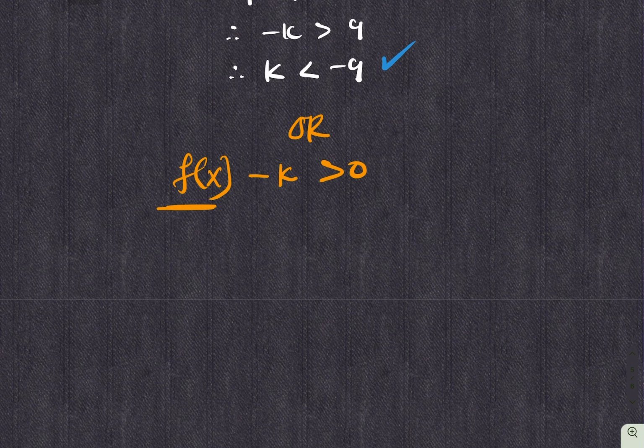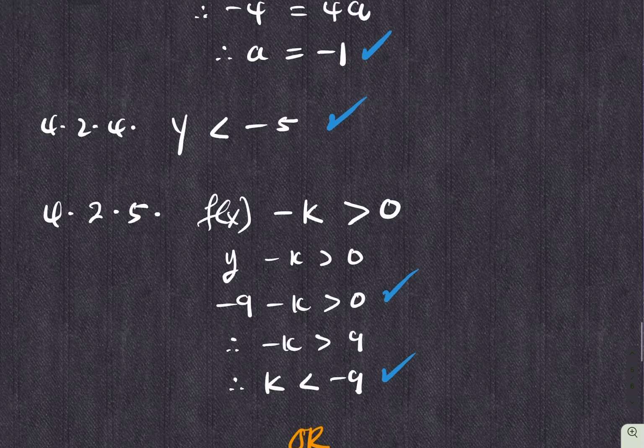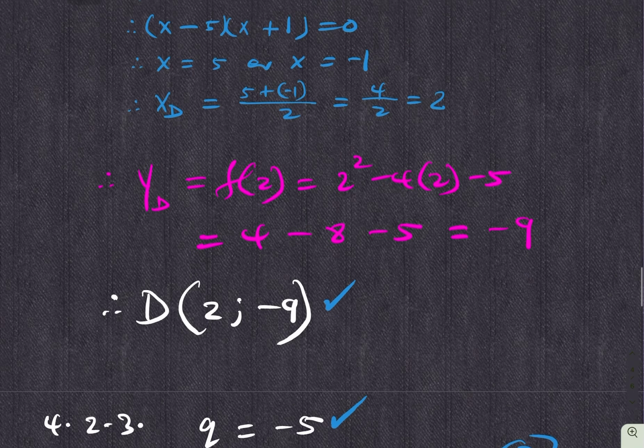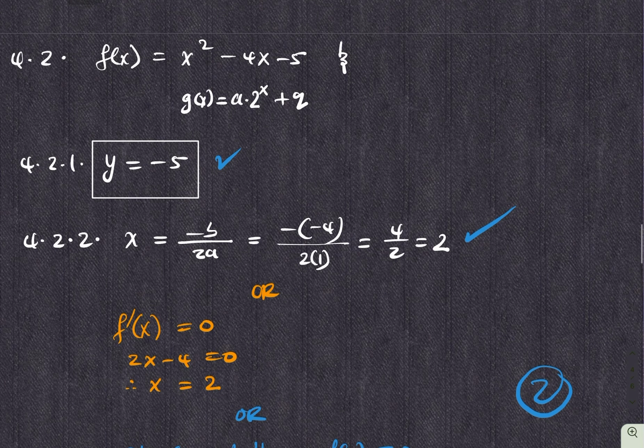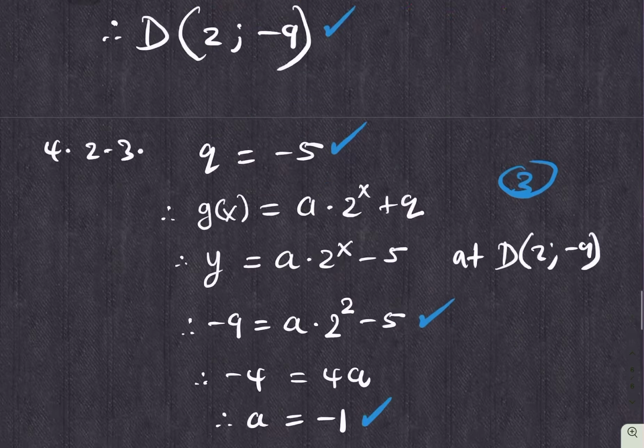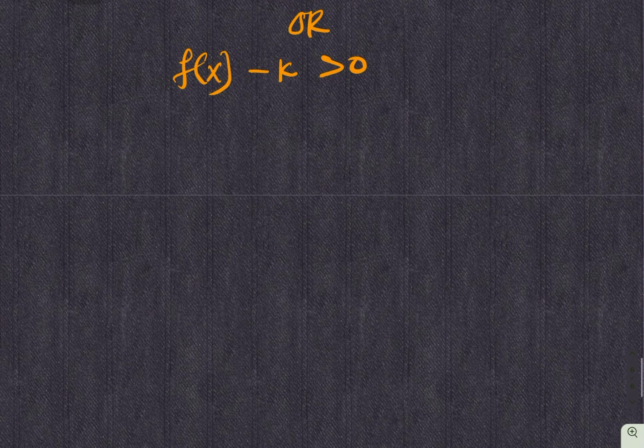What is this one? This one is f. So f was given as x squared minus 4x minus 5. So I can say this was x squared minus 4x, and then minus 5 minus k is bigger than 0. Think about it.